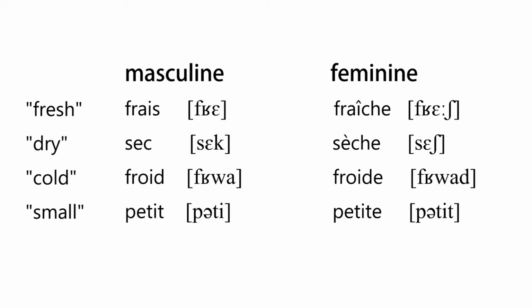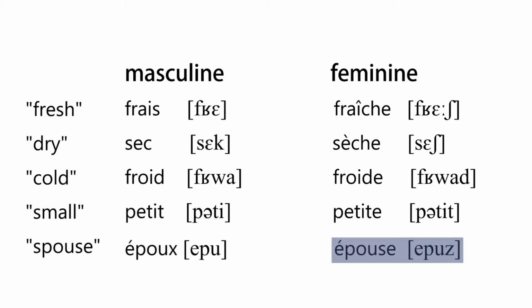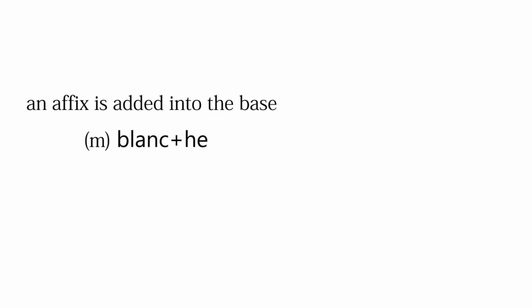Or in the case of some nouns, you could apply the same process. For example, épouse, feminine spouse, becomes époux, masculine spouse. So you can have two approaches to this. You can say the masculine is the main form, and then you can add a suffix to get the feminine, which some linguists say.